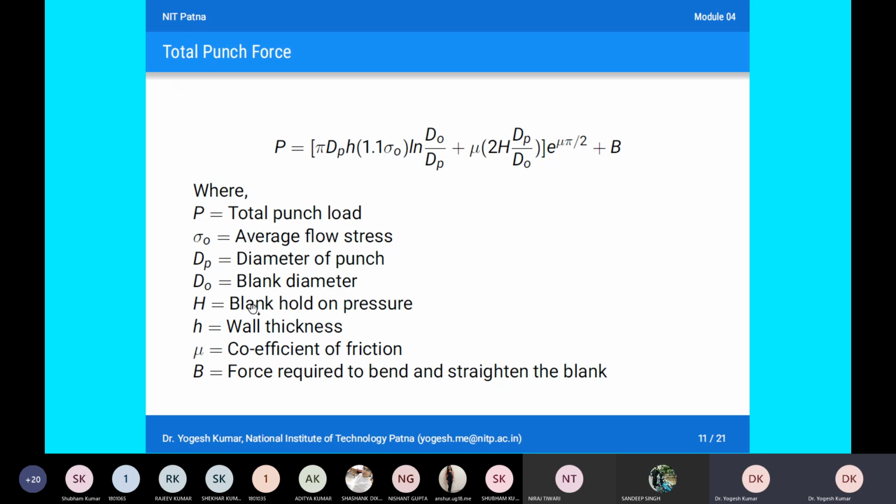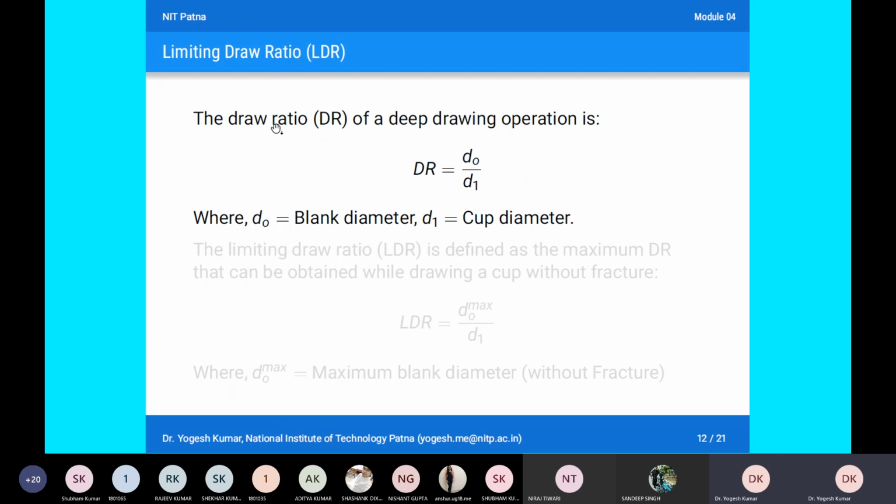H is your blank holding force. Small h is your wall thickness, sometimes you may find it as t. Mu is your coefficient of friction, and B is the force required to bend and straighten your blank. These values will be given during your examination.